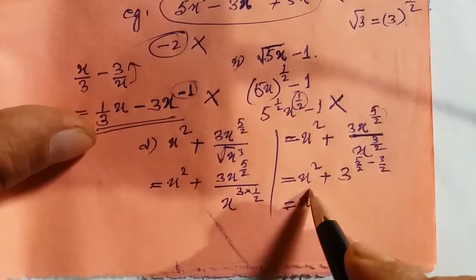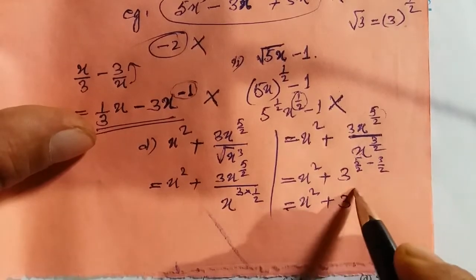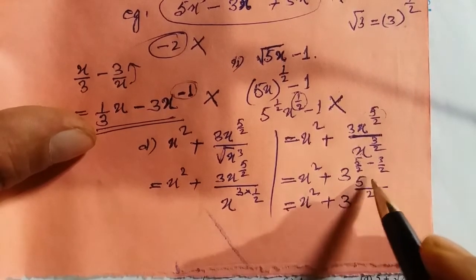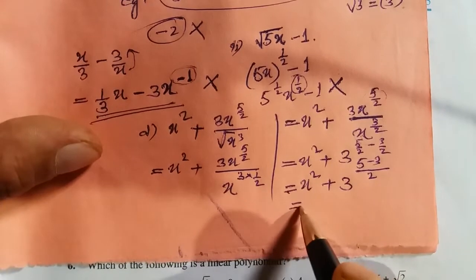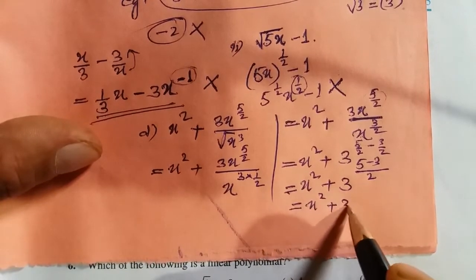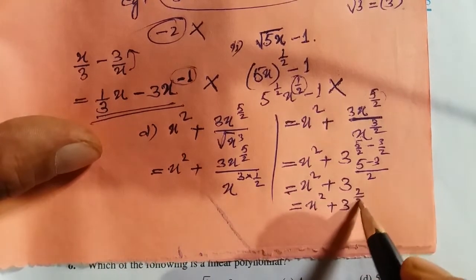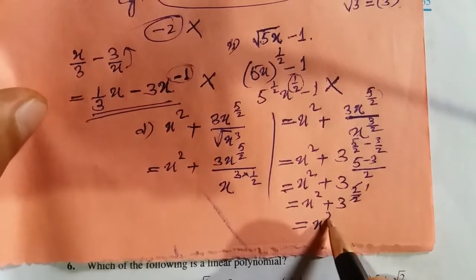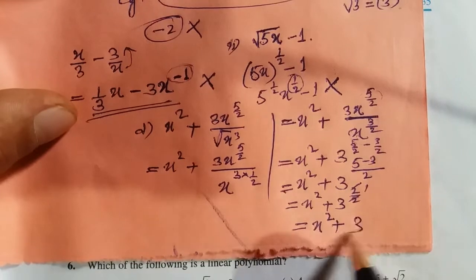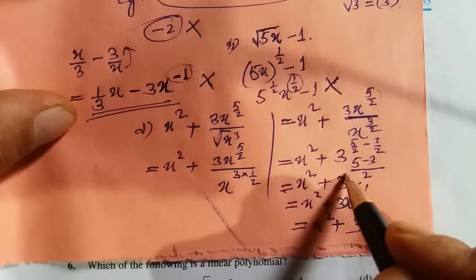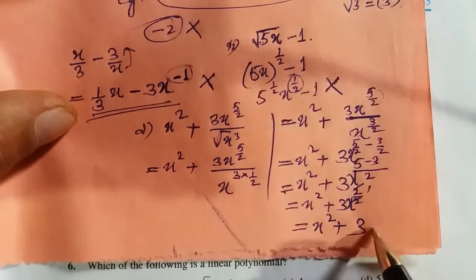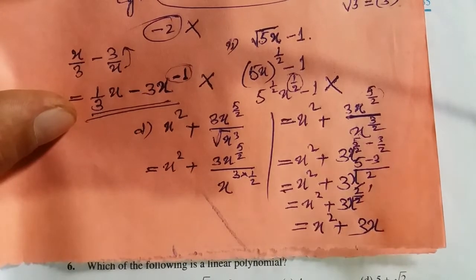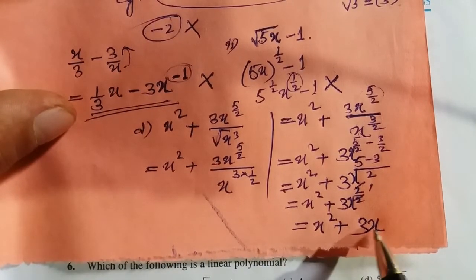Now this is equal to x square plus 3x to the power of (5 minus 3) by 2. 5 minus 3 is 2, and 2 by 2 is 1. So we have x square plus 3x, sorry, here this is x. We got x square plus 3x.